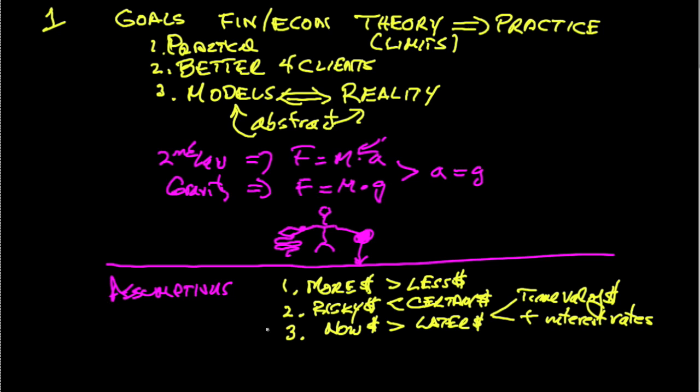All right, now a fourth point I want to bring up is a thing they call the law of one price. You hear it more in international currency things, but it sort of means that A&P, Safeway, and Jewel all charge the same for a loaf of bread.